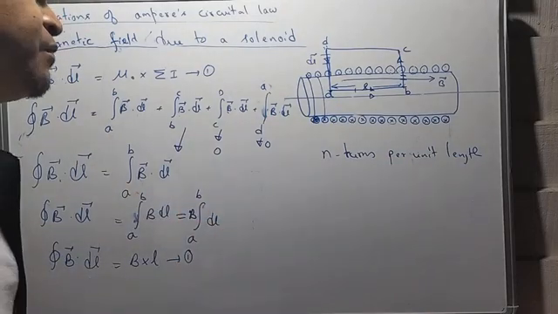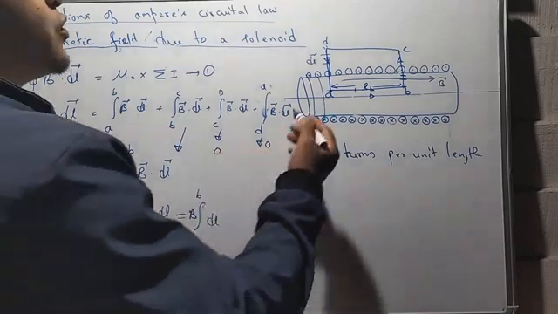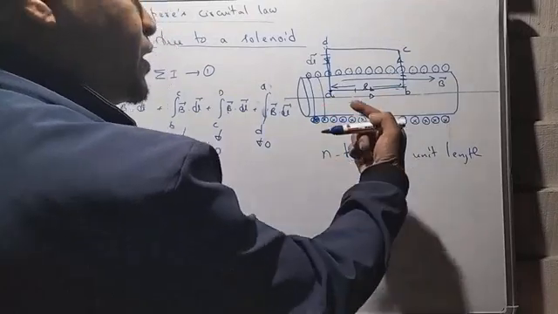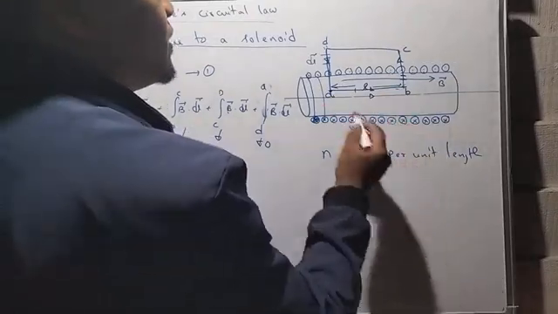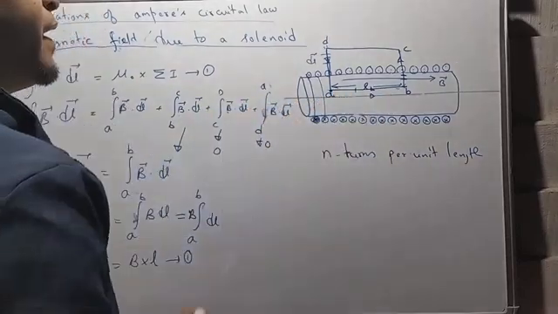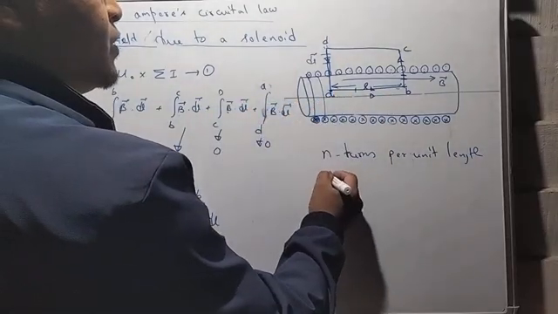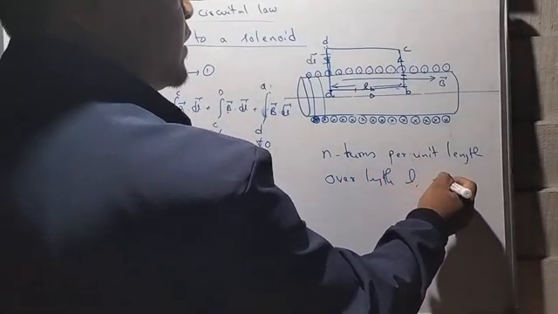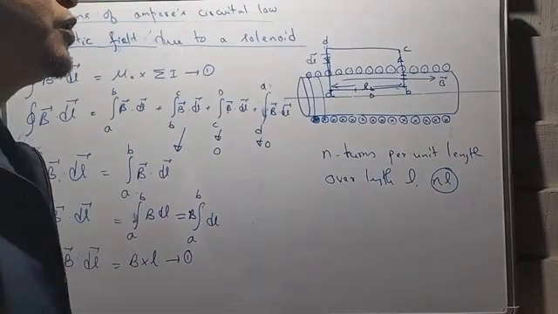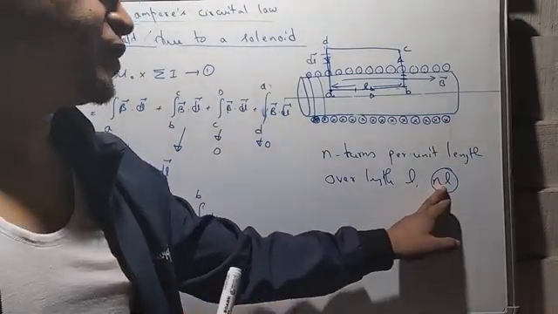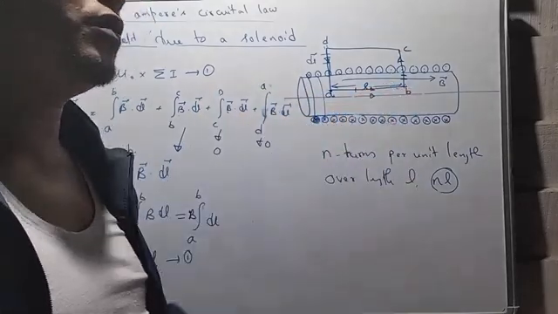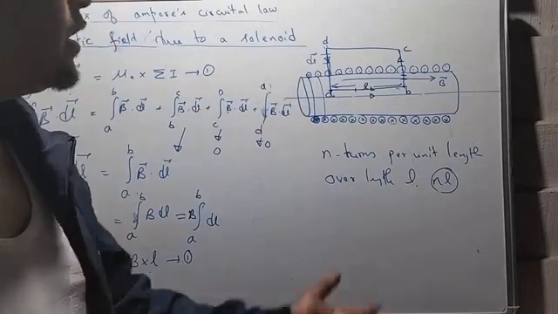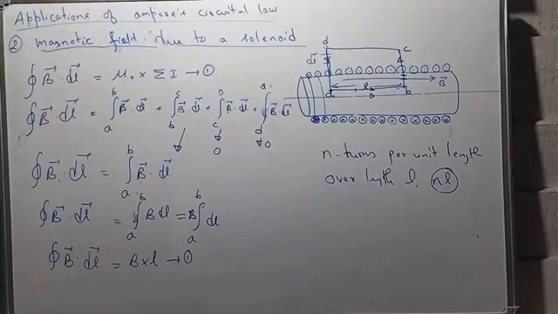So if n is the number of turns per unit length, what is the total number of turns over this length L? Over the length L, the number of turns will be n times L, which means the number of turns per unit length multiplied by the length of the loop gives the total number of turns.